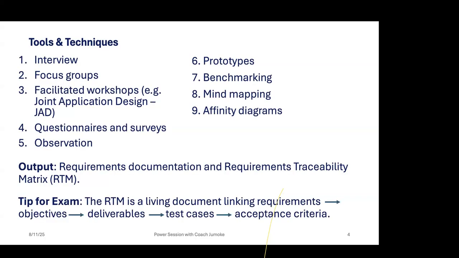Sorry. Now, this is a tip for the exam. The requirement traceability matrix is a living document that links requirements to objectives, then to deliverables, to test cases. Usually when you deliver something, you need to randomly test before you present them to the stakeholders for them to accept, to validate what you have done.